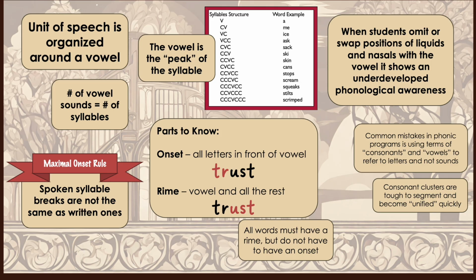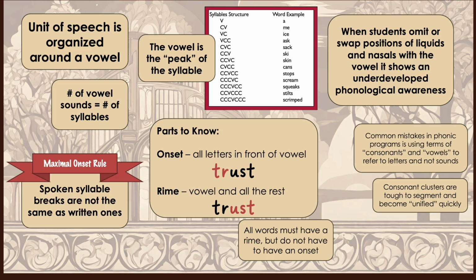Now, not every word has to have an onset, but every word must have a rhyme because the rhyme contains the vowel, and every word must have a vowel sound. Now, a common mistake that you will get in programs is that they will refer to consonants and vowels as letters and not sounds, and so then there could be some confusion, especially when you have consonants that are being used to create vowel sounds.